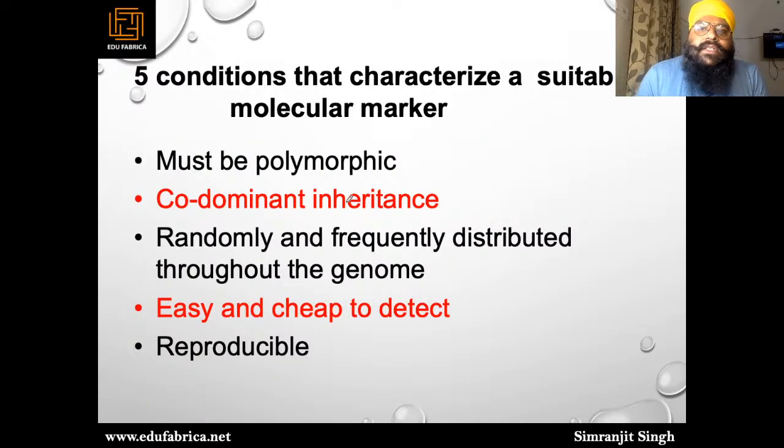Then, five conditions characterize suitable molecular markers. They should be polymorphic, codominant in inheritance, randomly and frequently distributed throughout the genome, easy and cheap to detect, and reproducible.